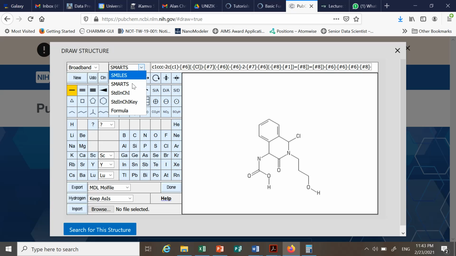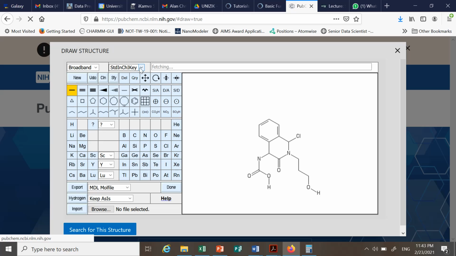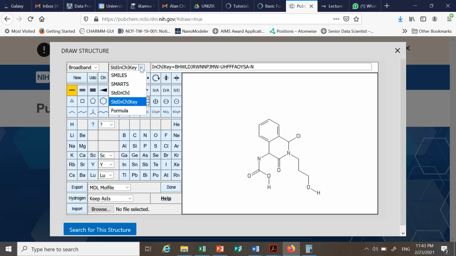You can also see the standard InChI and standard InChIKey representation, and the formula representation for that particular structure. And it gives me the molecular mass for that structure. Okay, cool.